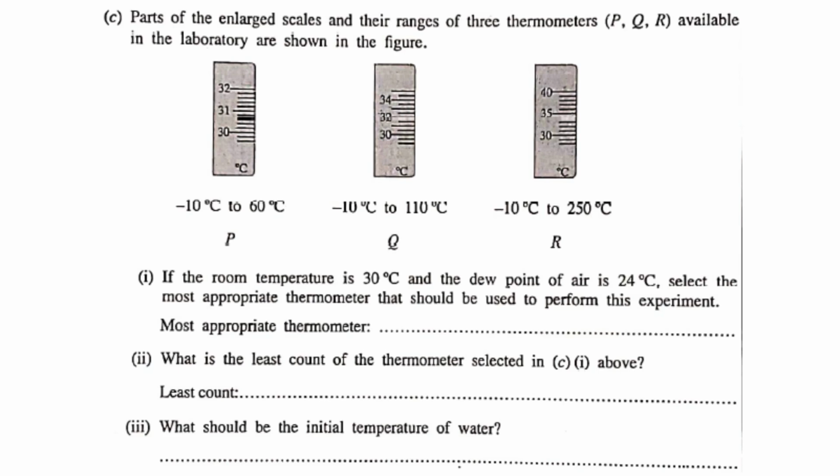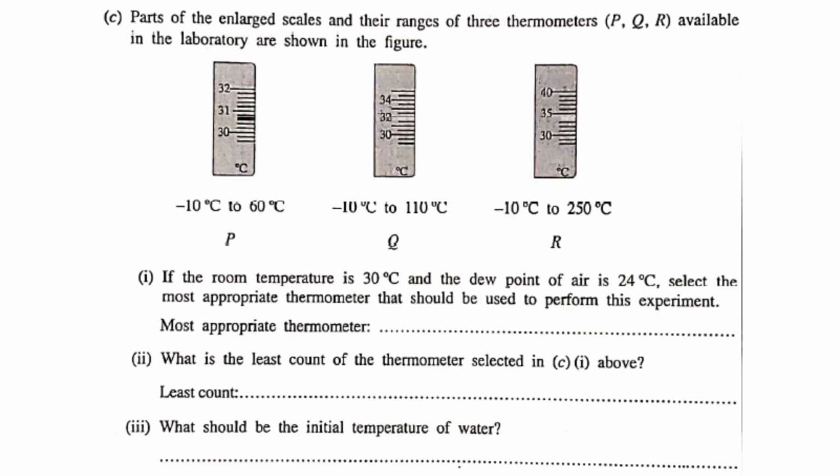Then part C, parts of the enlarged scales and their range of 3 thermometers P, Q, R available in the laboratory are shown in the figure. There are 3 types of thermometers, P, Q and R. The range of P is -10 to 60, Q is -10 to 110, range of R is -10 to 250.